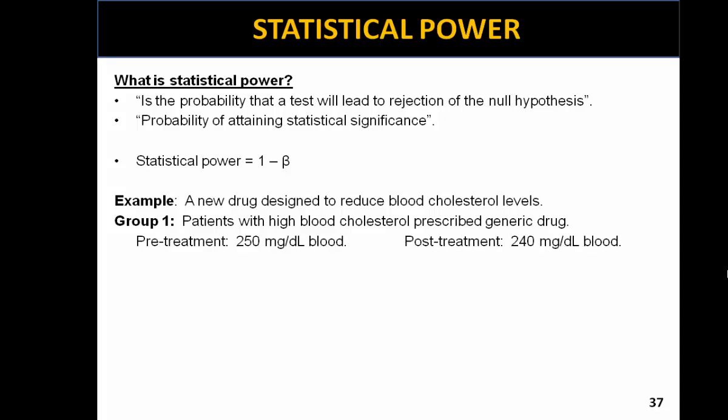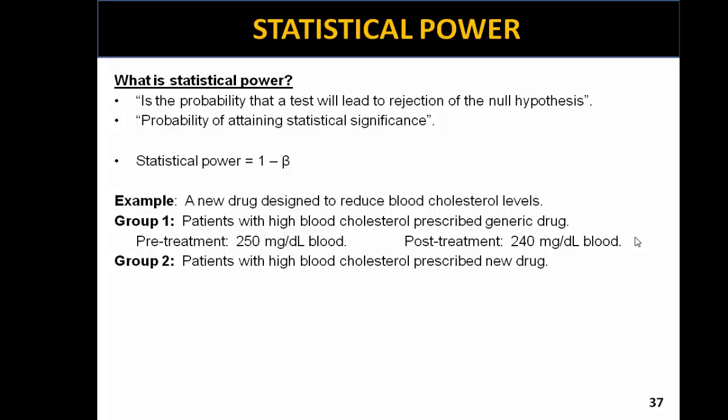The results had a measurement of 250 prior to the administration of the drug and a post-treatment of 240. So the generic drug was successful in reducing blood cholesterol levels by 10 units.